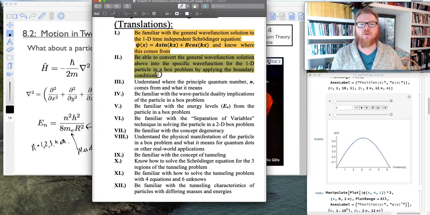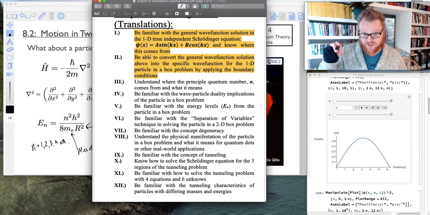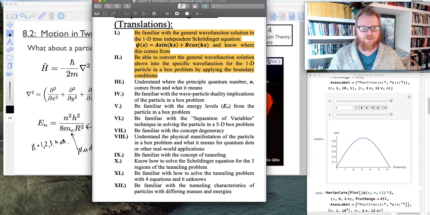So be able to follow that process where I started with this psi of x equals a sine kx plus b cosine kx, and using the boundary conditions of the particle in a box problem, we established that that wave function really is root 2 over L sine n pi x over L, right? So be able to do that.